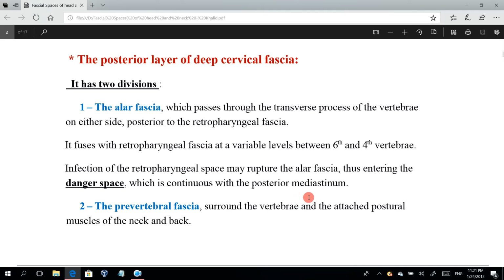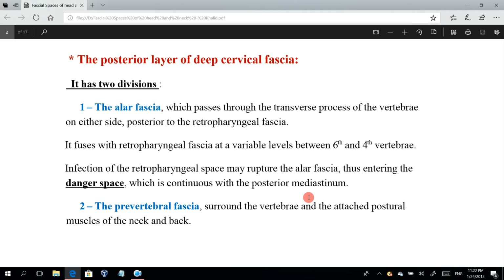We said the mediastinum is the central part of the thoracic cavity, containing the heart and blood vessels. This central part is divided into anterior, middle, and posterior mediastinum.